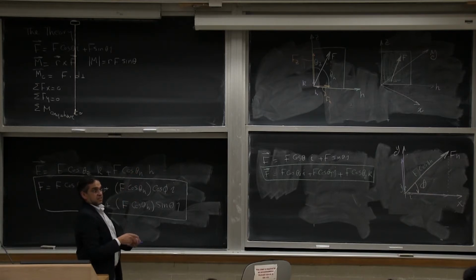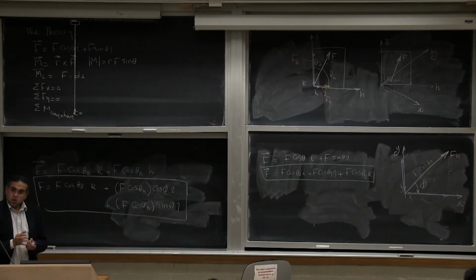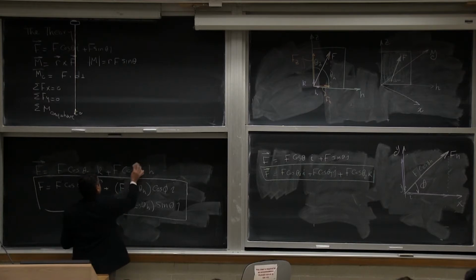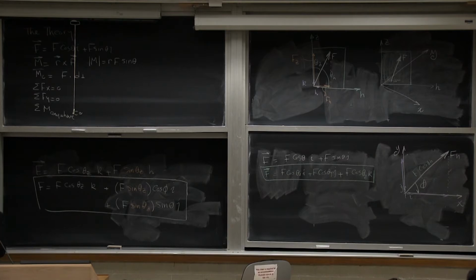If you look back here, you could also note that there is really no need to know theta_h, because you could replace it in terms of theta_z, and so if I give you theta_z and phi, you know everything.